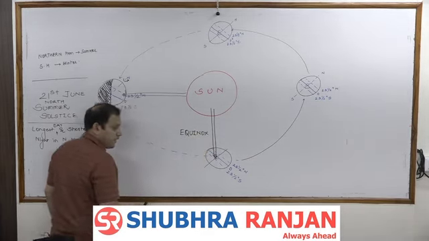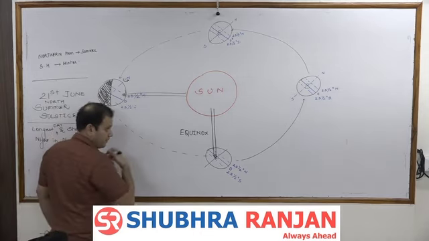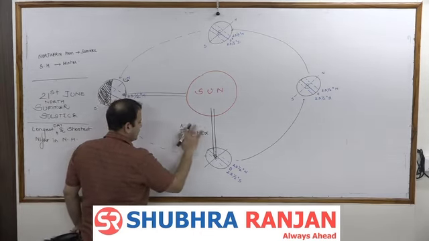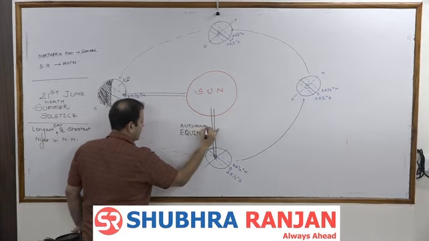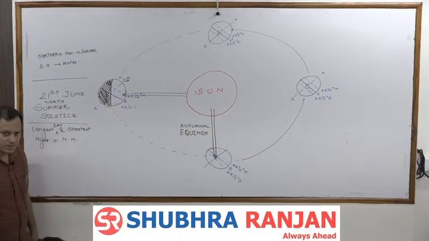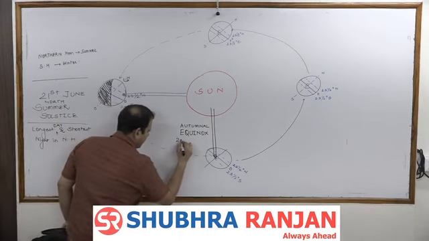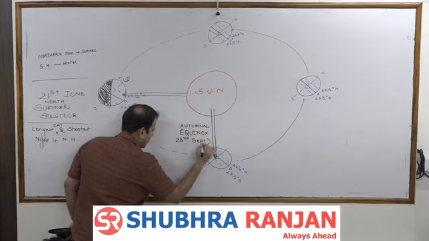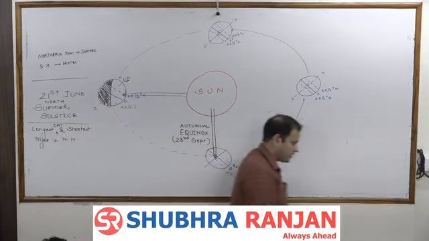But which is this, spring or autumn for us, northern hemisphere? So it is known as autumnal equinox. When does it occur? It will occur on the 23rd September.